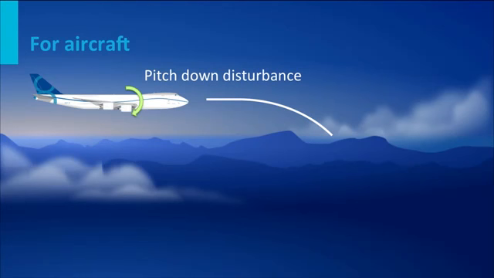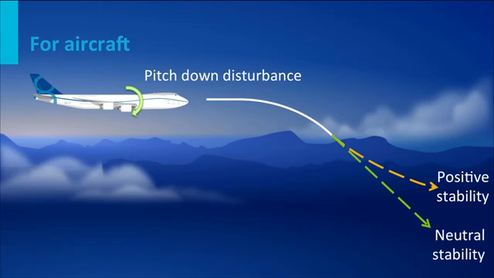Well, for instance, take an aircraft. If it pitches down due to a disturbance, a little bit of turbulence for instance, then if it has positive static stability, it will try to return to its original angle of attack, original pitching angle as well. And this is called positive stability.